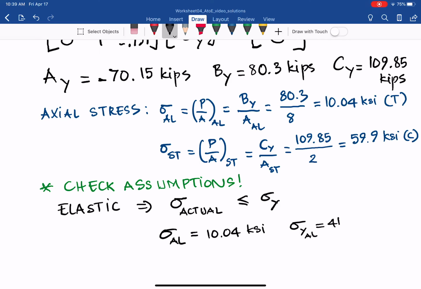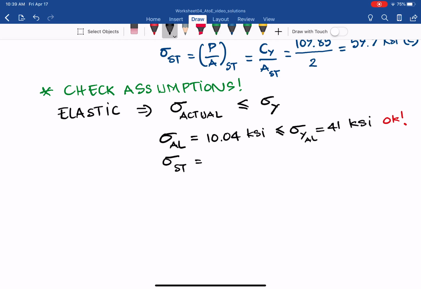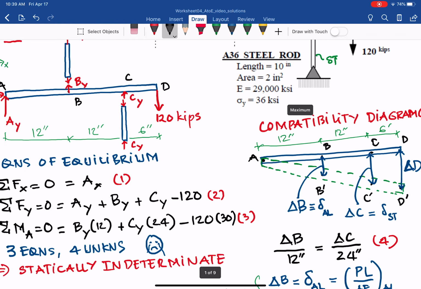Now go to the sigma for steel. It equals 59.9 KSI, and it has to be less than the sigma yield for steel, and that, I showed you earlier for the problem, is 36 KSI for steel.